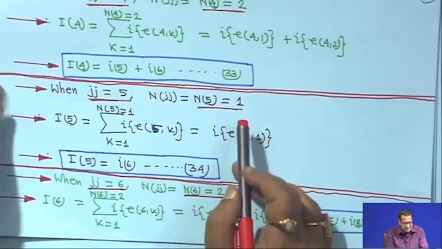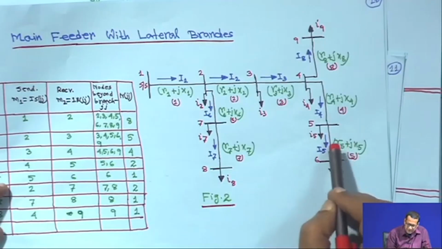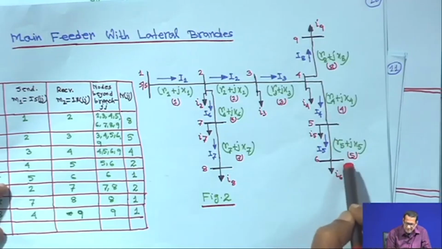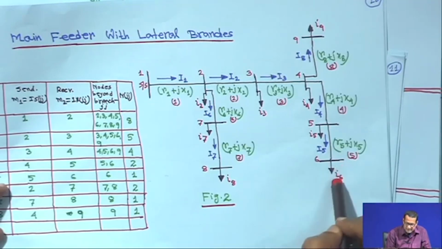Similarly, when j j is equal to 5, branch 5, beyond this branch there is only one node, that is, this branch is receiving node 1 itself load current, that is I 6, there is no other branch beyond this. So, only this current is there, that means capital I 5 is equal to small I 6.